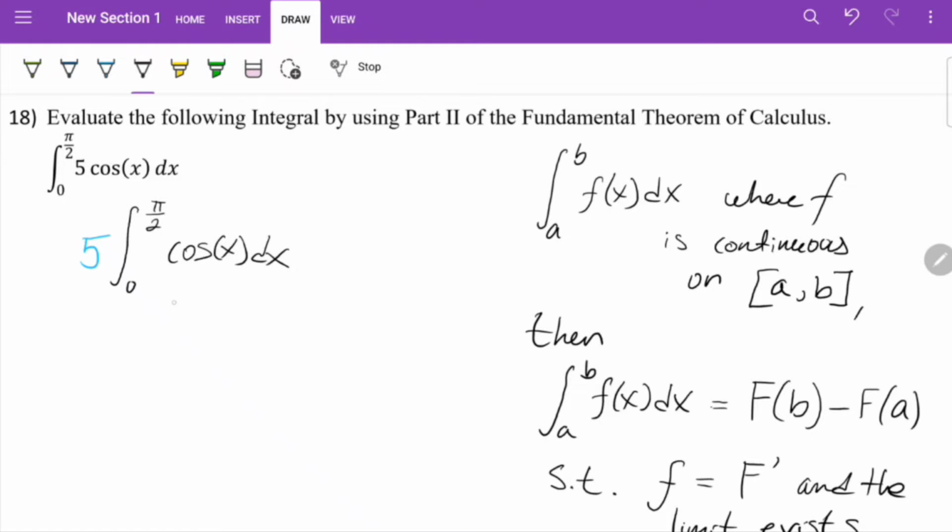And now I'm taking the antiderivative of cosine. The antiderivative of cosine of x is sine of x. That's going to be 5, let's put this in brackets, the antiderivative of cosine of x, that is going to be sine of x.